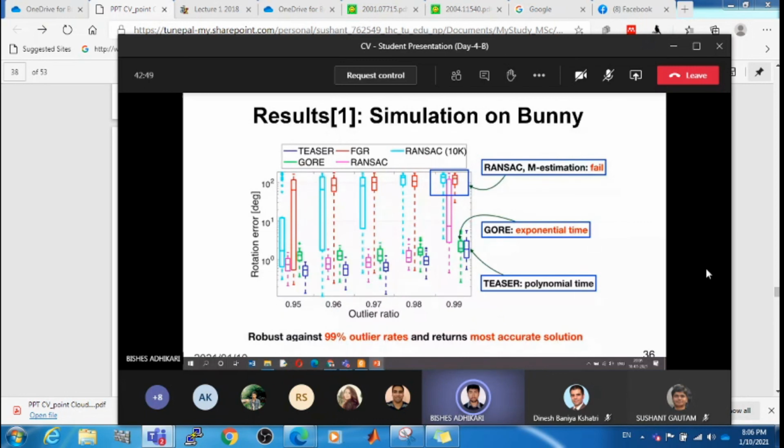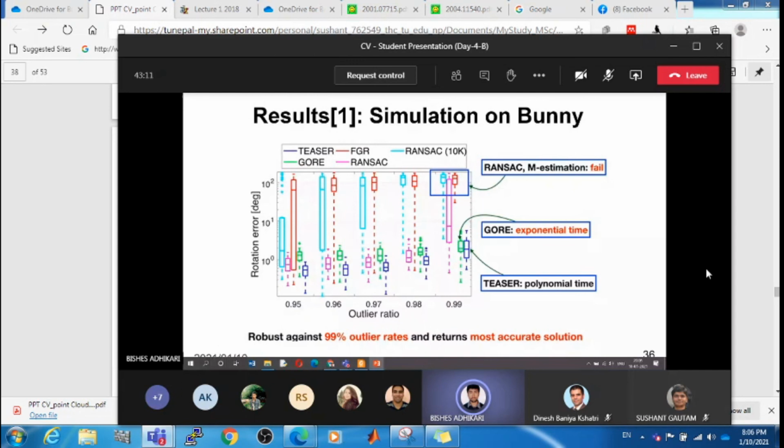RANSAC 10K and fast global registration FGR perform poorly under outlier rates above 95%, giving large rotation errors of nearly up to 100 degrees, whereas RANSAC 1 minute with 60 seconds of timeout can resist up to 98% of outliers with about 10 to the power 6 iterations, maintaining the rotation error only up to a few degrees.